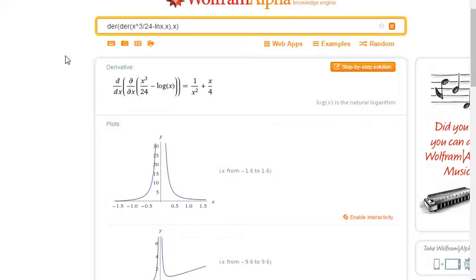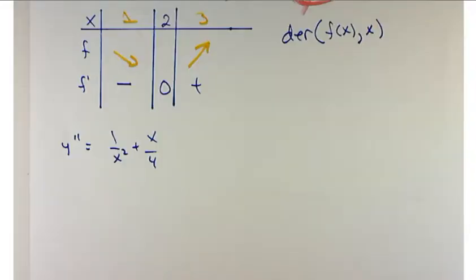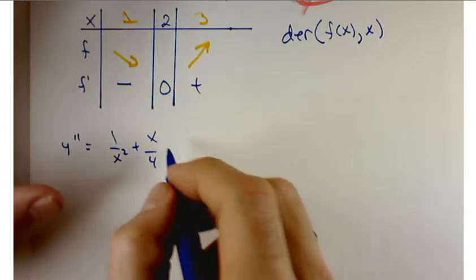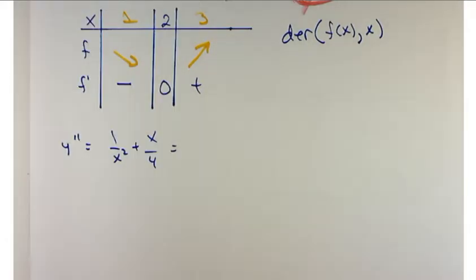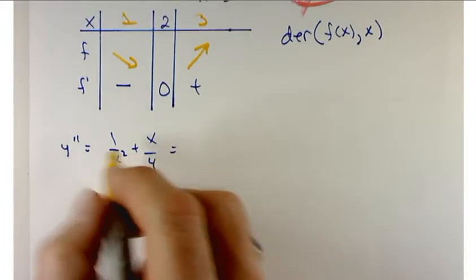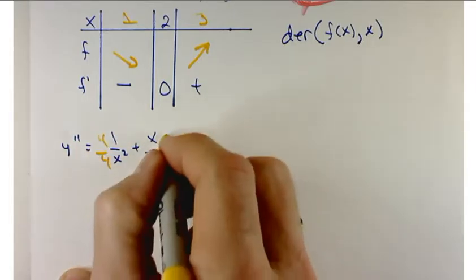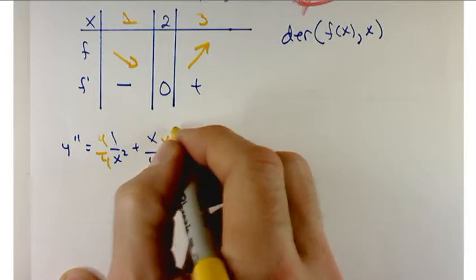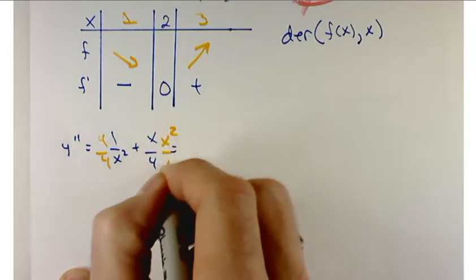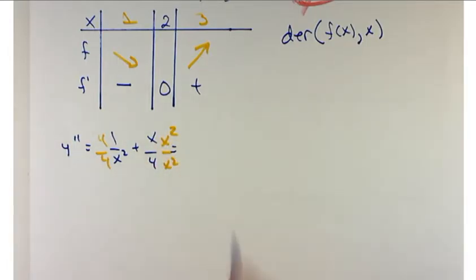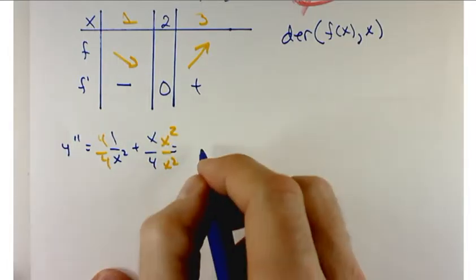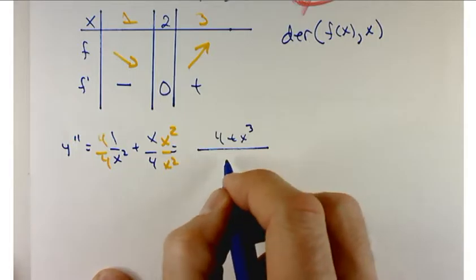So let's go back to our second derivative then. Like the first one, we're going to get a common denominator here. Common denominator is going to be 4x squared. So I'll multiply the first one by 4 over 4, and the second one by x squared over x squared. So I'll get 4 plus x cubed over 4x squared.